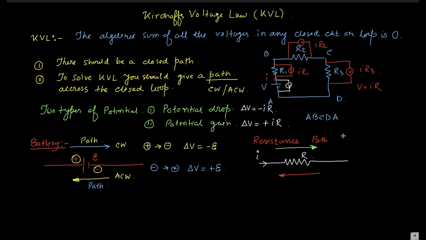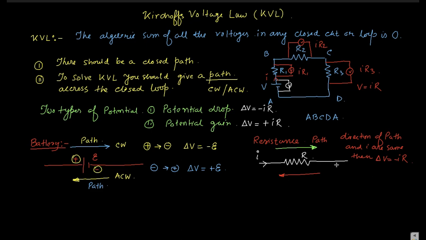If the direction of the path and I are the same, then del V is equal to minus I into R. It means it is a potential drop, as there is a negative sign before IR. So if the direction of the current and the path are the same, you consider it a potential drop.